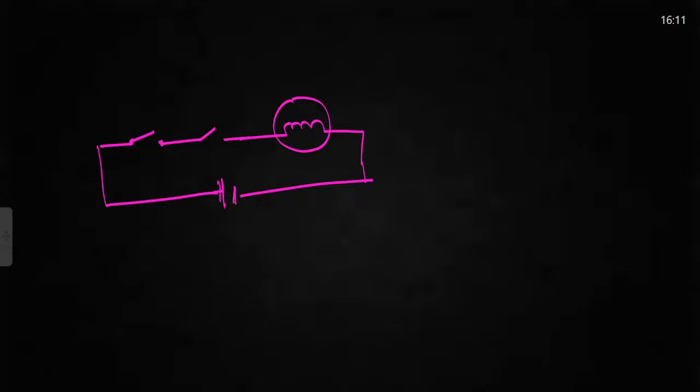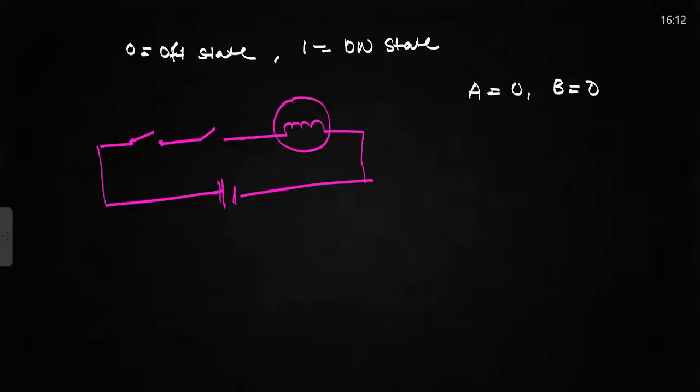Now let us understand the truth table. Let us say A is equal to 0, B is equal to 0, where 0 is equal to off state and 1 is equal to on state. If I am taking A is equal to 0, then both are open.